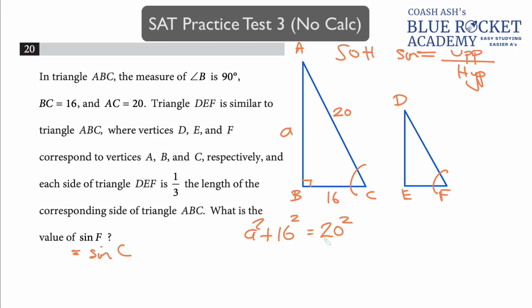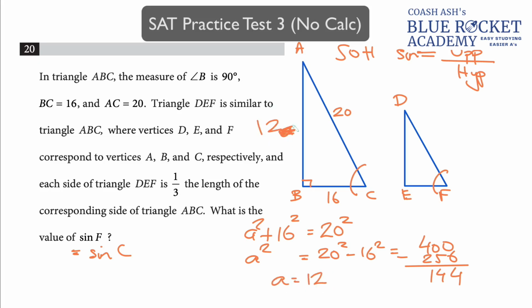Okay, and then let's actually calculate it. Therefore, you get a squared is equal to 20 squared minus 16 squared. So that gives you 400 minus 256. And that answer is 144. So a squared is 144. So a is equal to 12. In other words, this value is equal to 12.